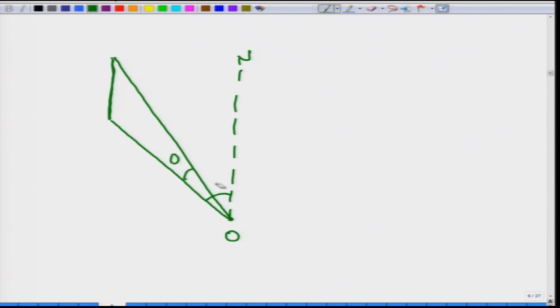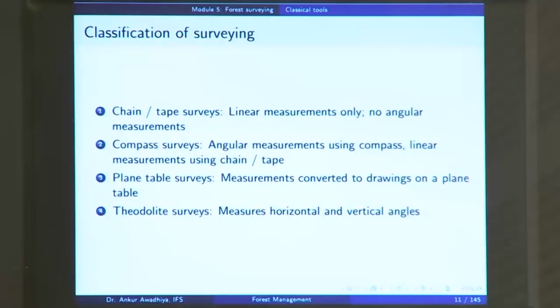So, let us call this theta and this angle alpha. Now, you are using this instrument to take horizontal angles for the location and you are taking vertical angles for the height. So, that is your theodolite survey.